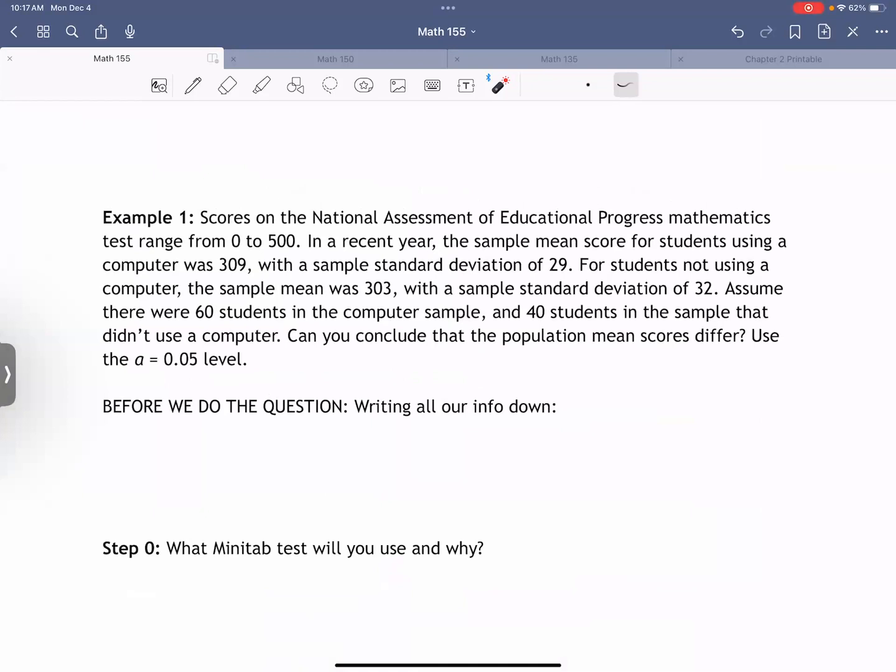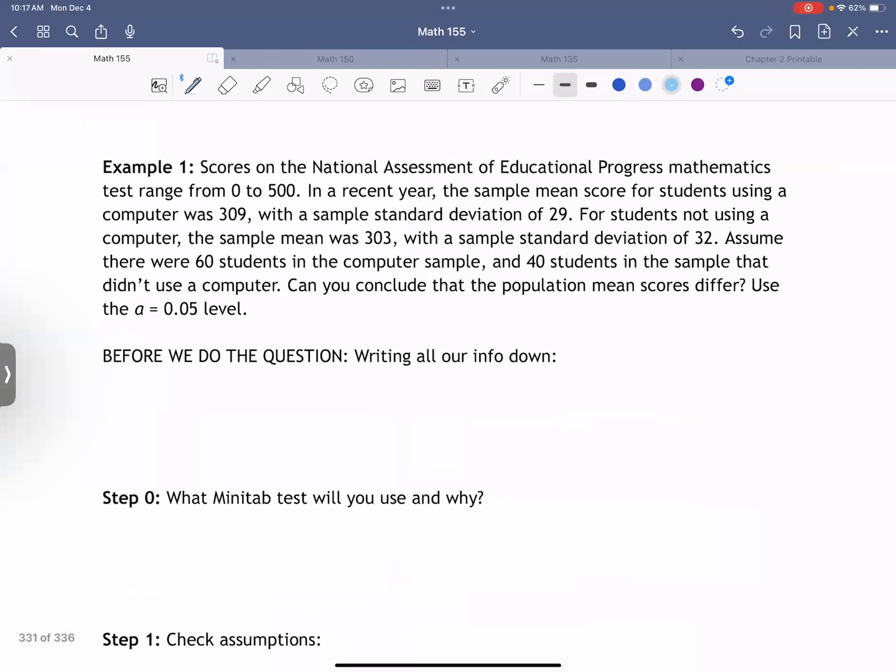Personally, to me, the hardest part about all of these questions is parsing through the question and figuring out what letters go with what numbers. So since we have a two sample hypothesis test, we're going to have a sample 1. We're going to have a sample 2. Okay. Let's read through the question. We have scores on this test ranging from 0 to 500.